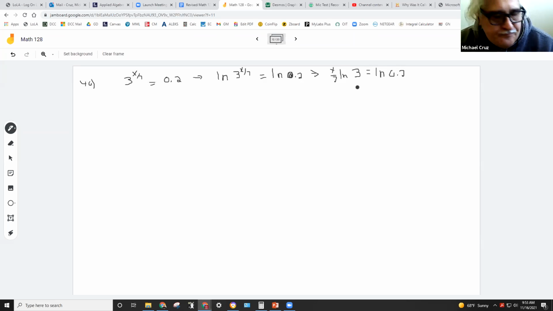All right, now what I'm going to do is multiply both sides by 7, and that's going to make this disappear. In other words, I'm multiplying by 7 over 1 and 7 here. So I'm going to have x ln of 3 is equal to 7 ln of 0.2. All right, and then I can just divide both sides by ln 3.